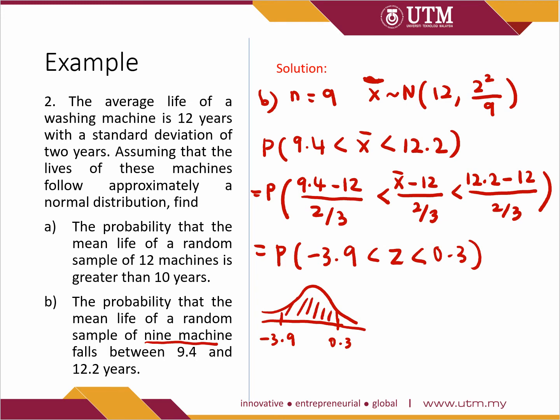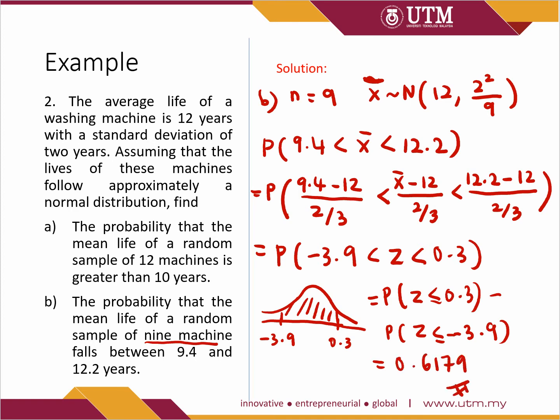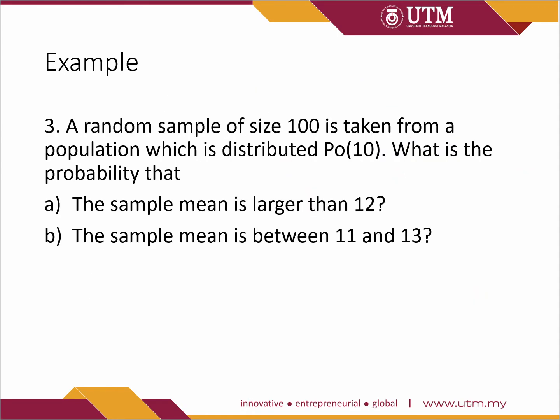So the area covers here, which means that you have to find the probability of Z less than or equal to 0.3 minus the probability of Z less than or equal to negative 3.9. Okay, now you can try out this.